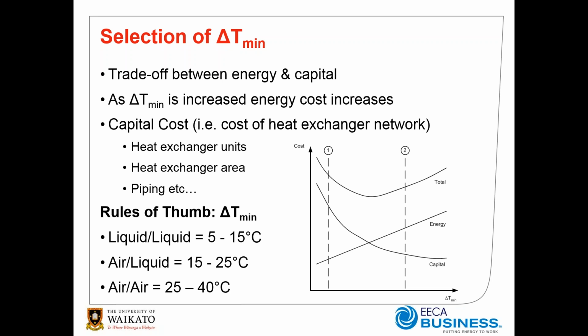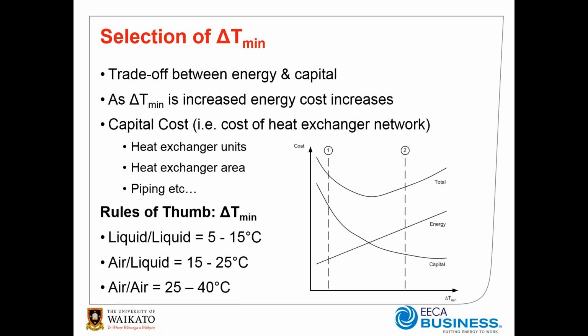An alternative way of doing it is to apply rules of thumb, and these rules of thumb are presented here for various combinations of flows. In general, I think for a liquid-to-liquid heat exchange in a plate heat exchanger, 5 degrees approach temperature is very common.